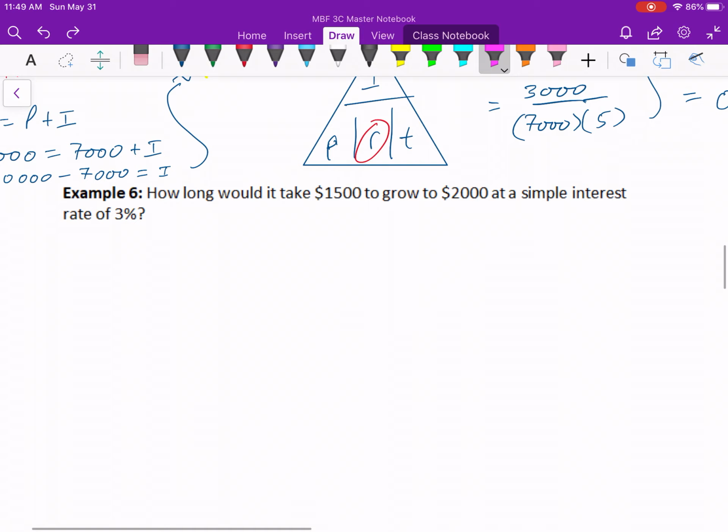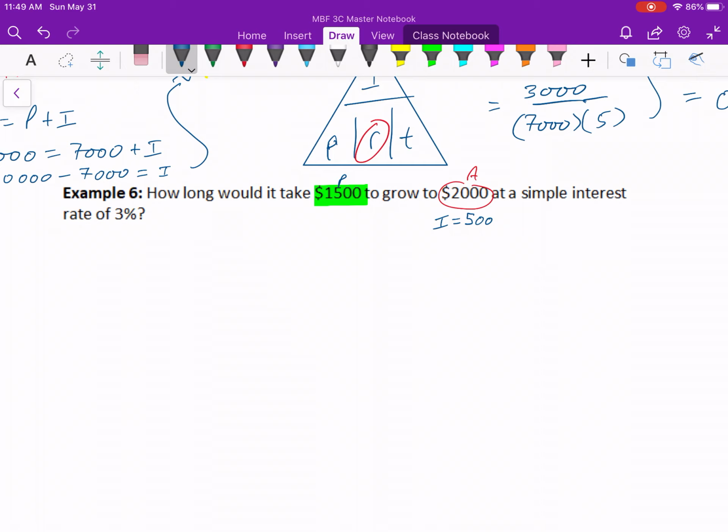All right, last example. How long will it take for $1,500, our principal, to grow to $2,000? Again, that is our A value. That's the final amount. So to grow from 1,500 to 2,000, how much interest must have been earned? Well, it's the difference between them.